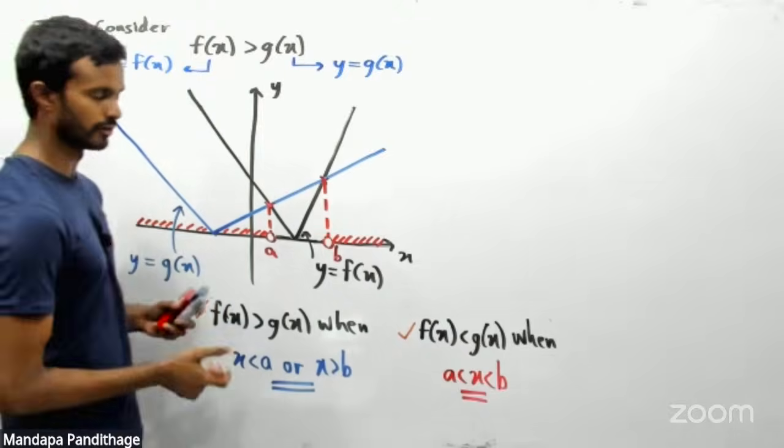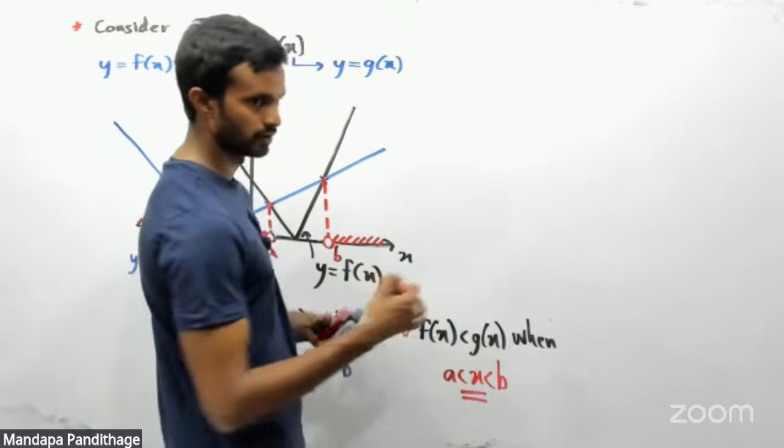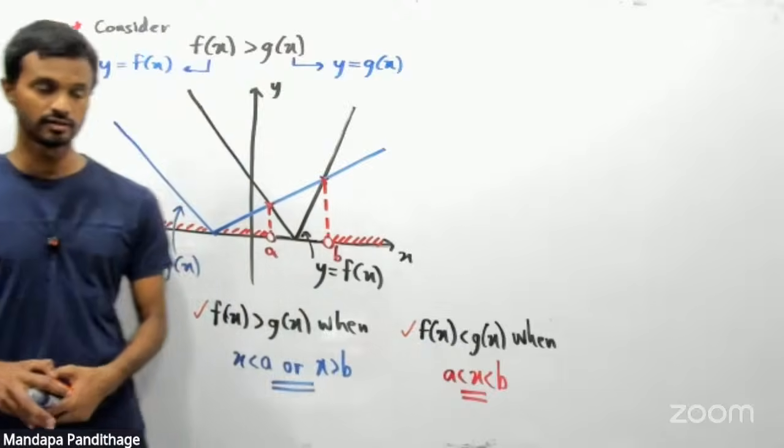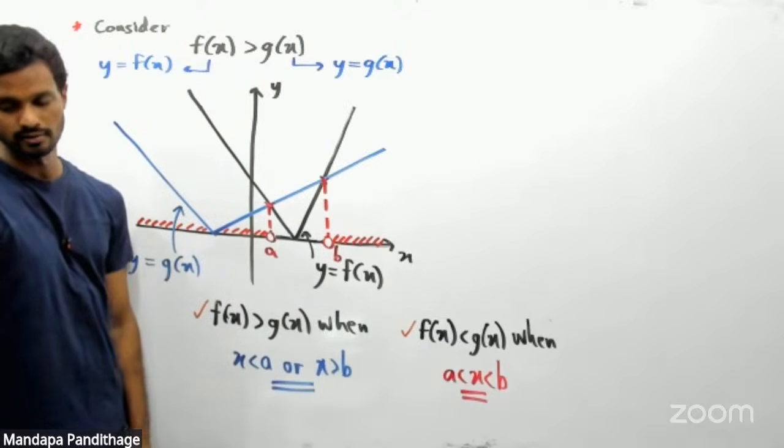It's actually the graph, not the function, which is located above. The graph located above in a given region is considered to be greater in that region.